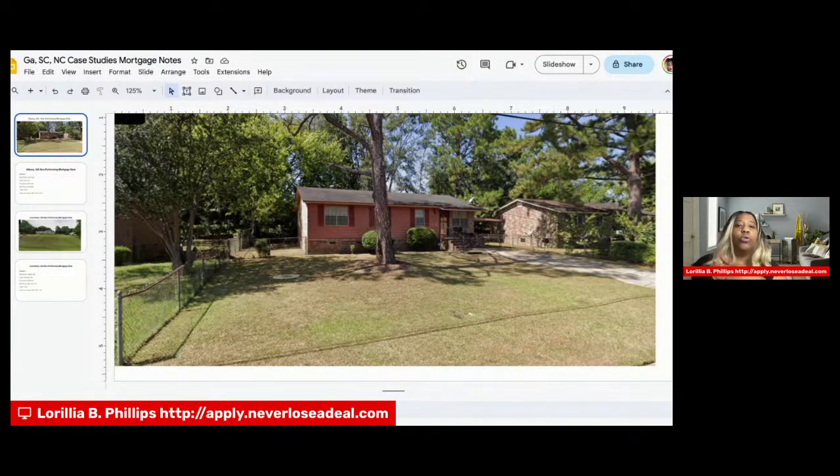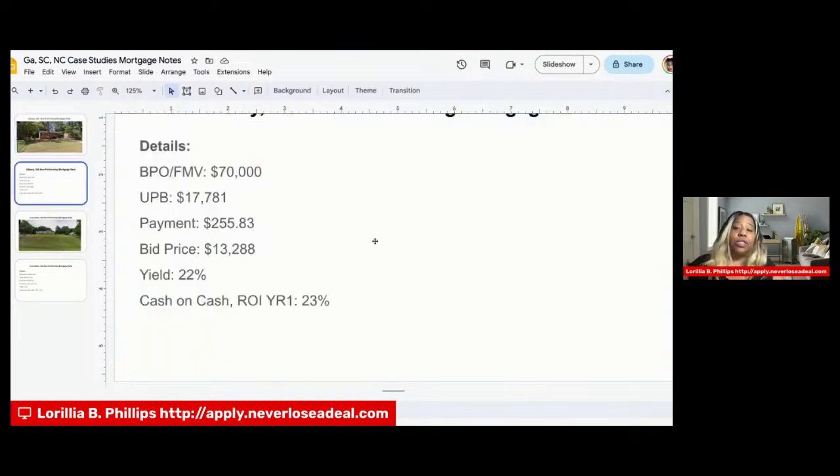So I feel comfortable with that. Of course, as I go through due diligence, when I put in my bid, I'll have a real estate agent do a drive-by just to make sure that this is the current condition of this home. But from what I see, things look good. Like I said, I like these numbers. I like these yields. It's definitely something I would move forward with.